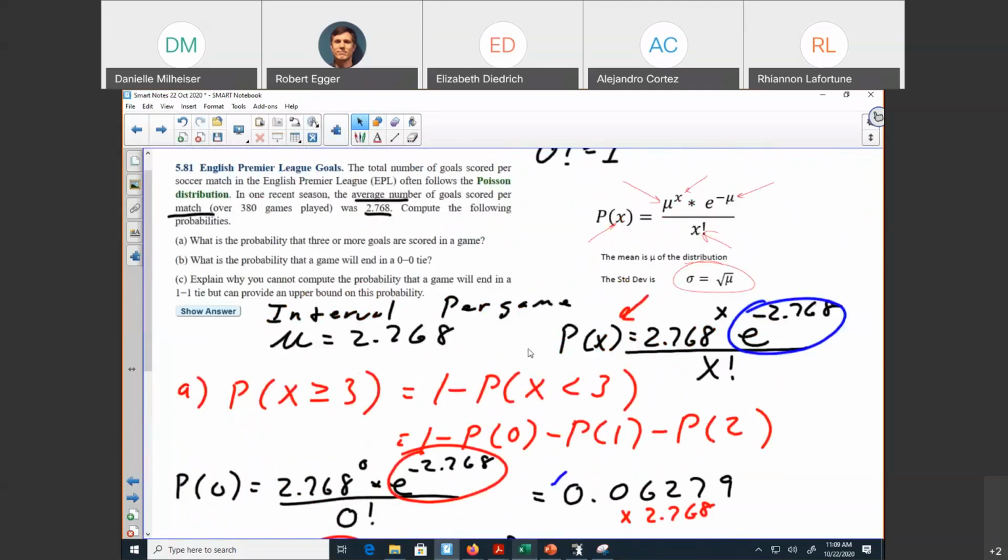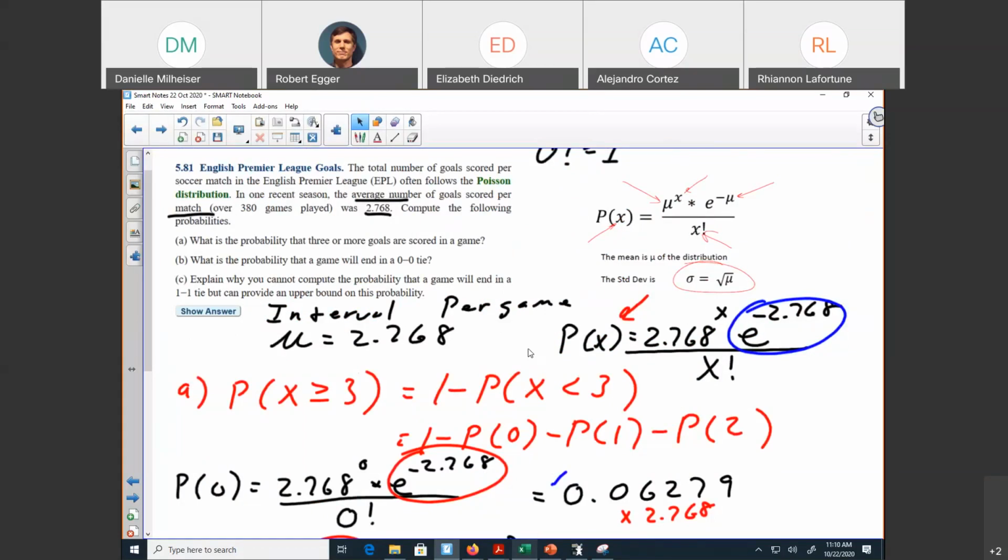So that's A. Now B, what is the probability that game will end in a 0-0 tie? Well, a 0-0 tie means how many goals were done during the game? 0. There were no scores for either team.